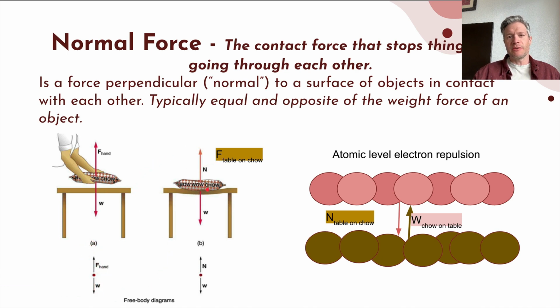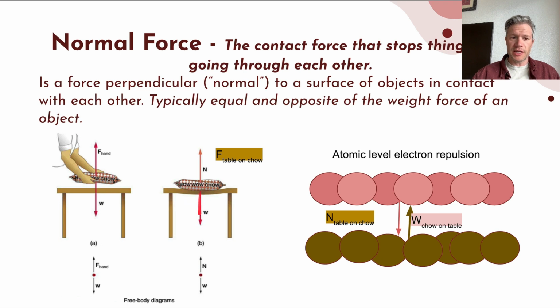Now, as soon as the dog food touches the table, okay, we need some sort of force that explains why it doesn't just continue through the table and onto the floor, right? Something is holding it up in the air on the table. So what we say is the table creates a normal force on the dog food.